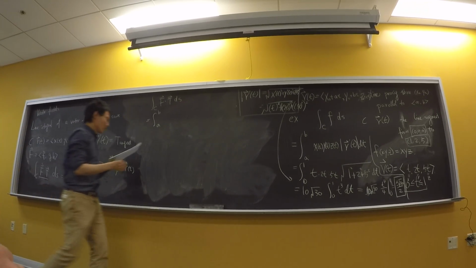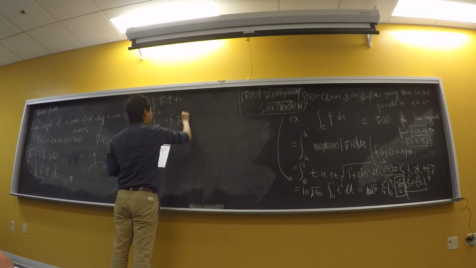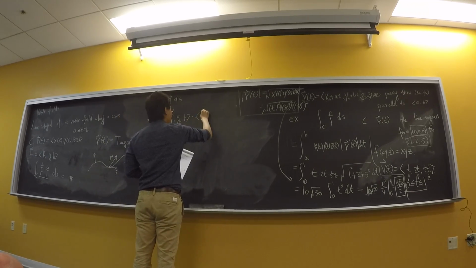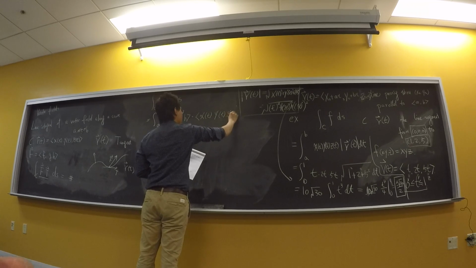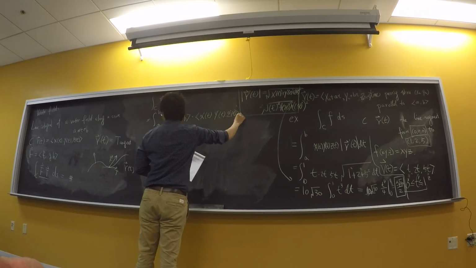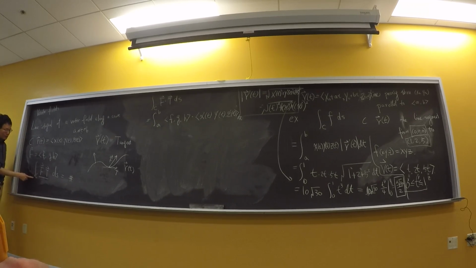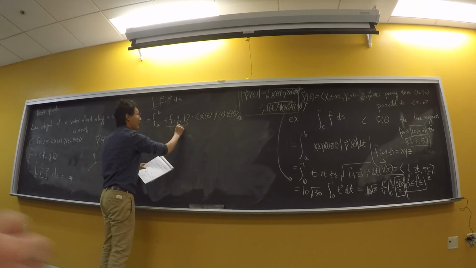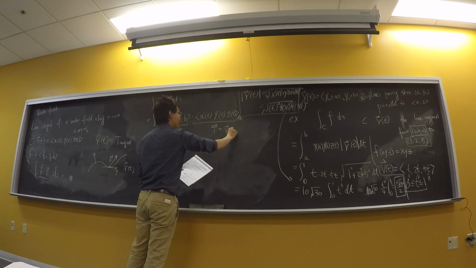So I'm taking the integral of the dot product between F, which has components f, g, and h, dot product with r prime, which is x prime of t, y prime of t, and z prime of t, dt. Okay? So this evaluation of the line integral of a vector field along a line is going to be equal to the dot product between this guy, which is my capital F, and this guy, which is the tangent, the r prime of t.